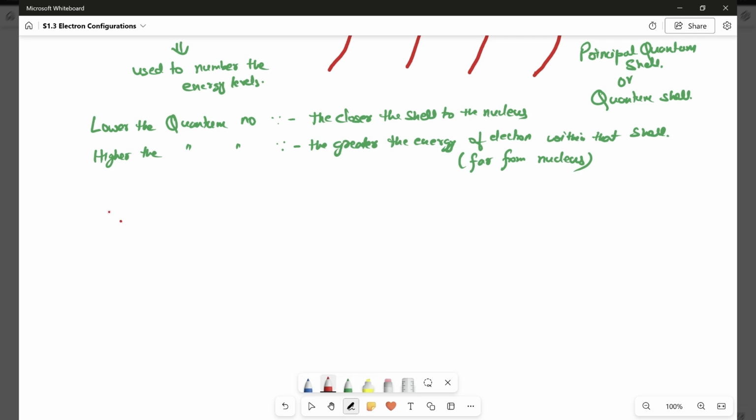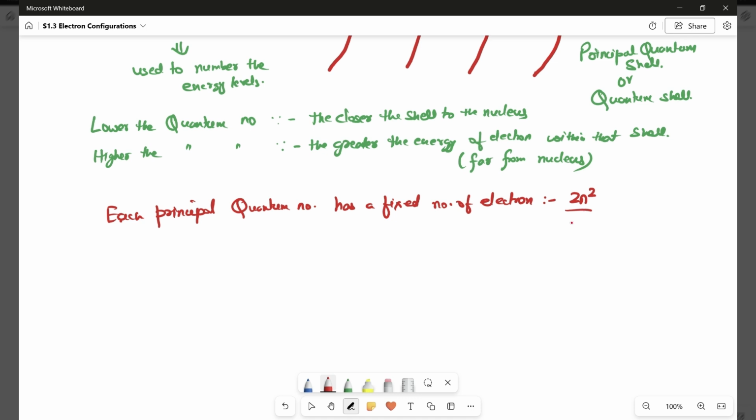Each principal quantum number has a fixed number of electrons, and this can be found with the 2n square formula.